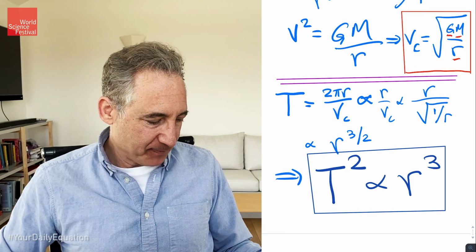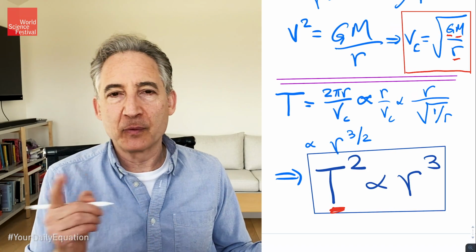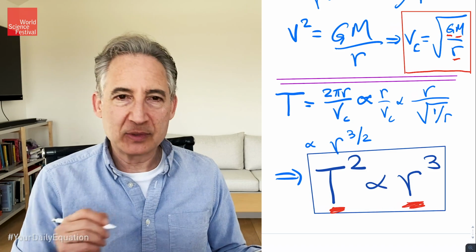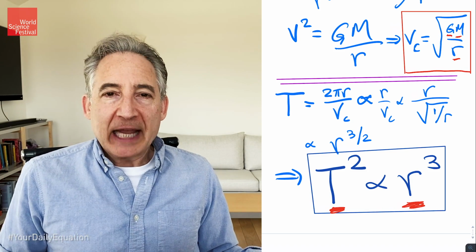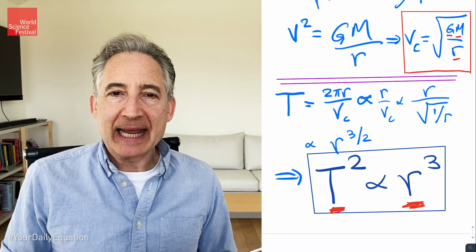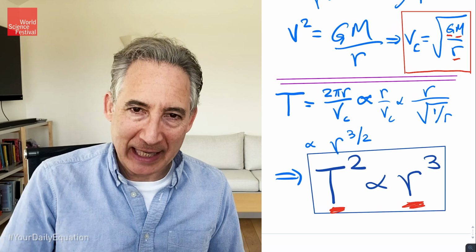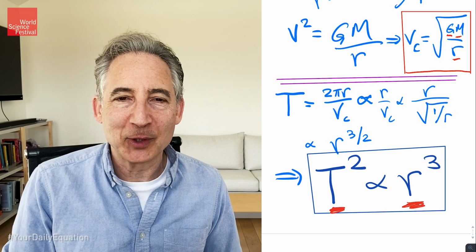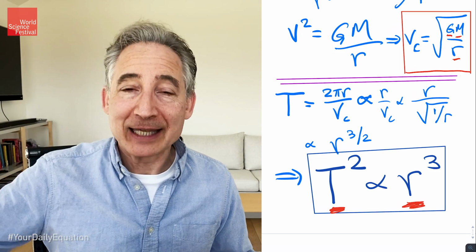He notices that if you take the square of the period for the orbit time of a planet, and you take the cube of its distance from the sun, there is this relationship that seems to be apparent in the data. He doesn't know why this would be the correct relationship between the period of the orbit and the distance of the orbit, but he notices it as a fact, which is amazing in its own right.